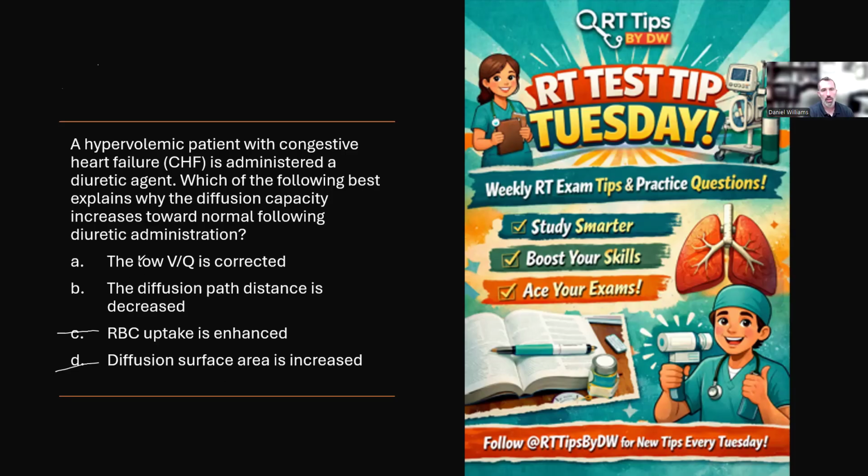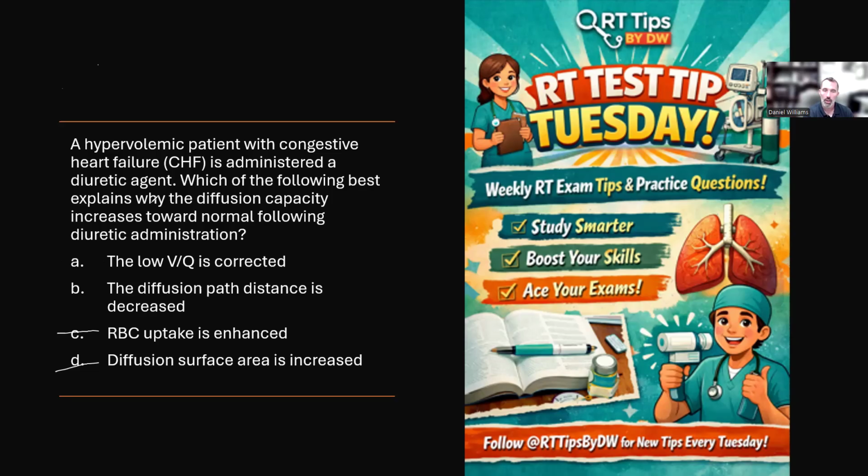Well, the low VQ in and of itself, although that may be corrected, is not necessarily the situation that is going to improve the diffusion capacity by administration of the diuretic therapy.